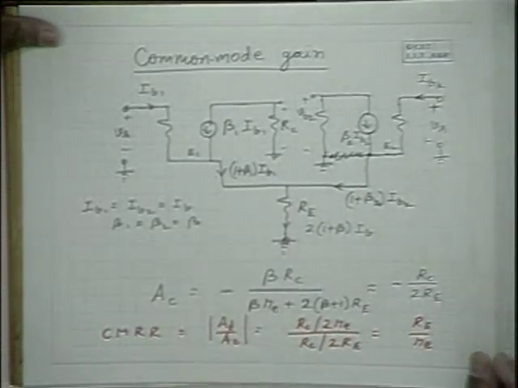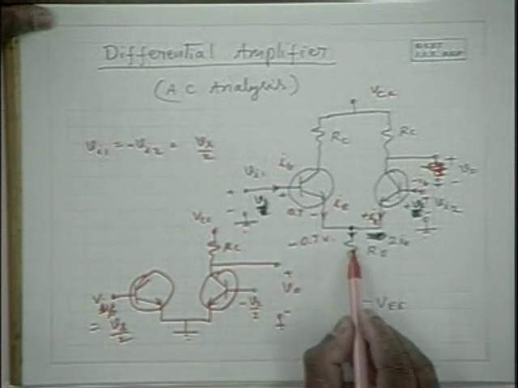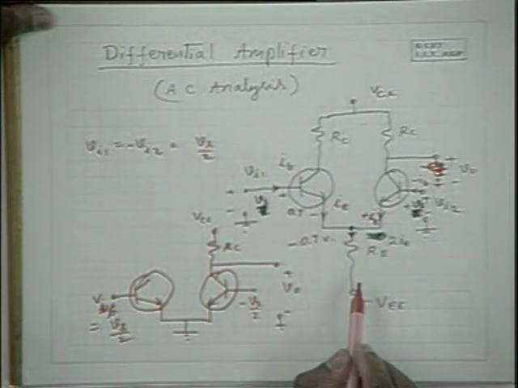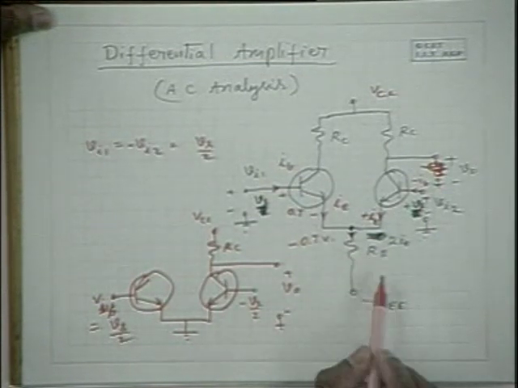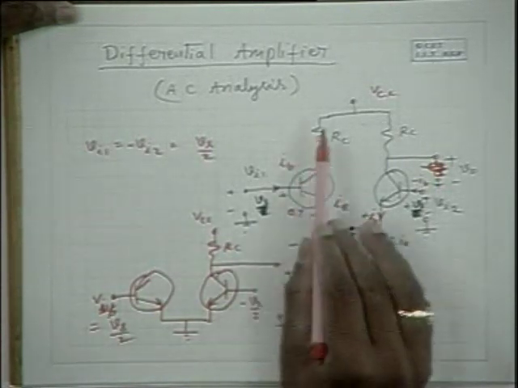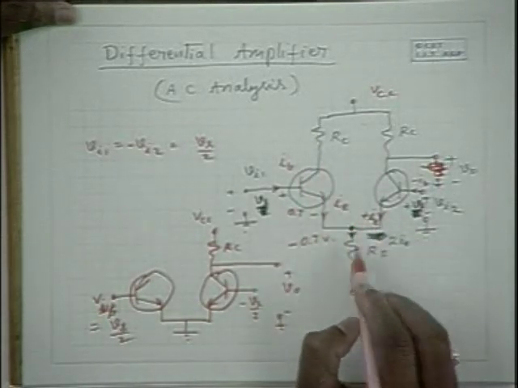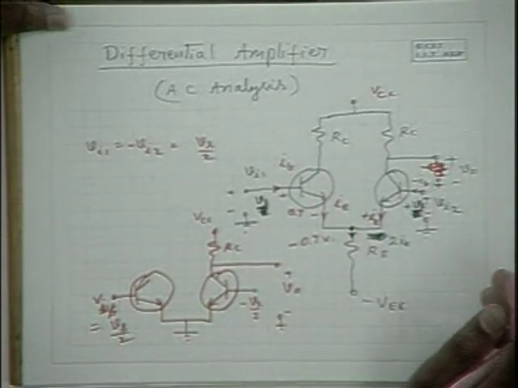Now, if we want to increase the common mode rejection ratio of a differential amplifier, we have to increase this emitter resistance RE. Now, how do you increase the emitter resistance RE? Well, by biasing with proper voltages and proper resistances, we can see that RE is large.